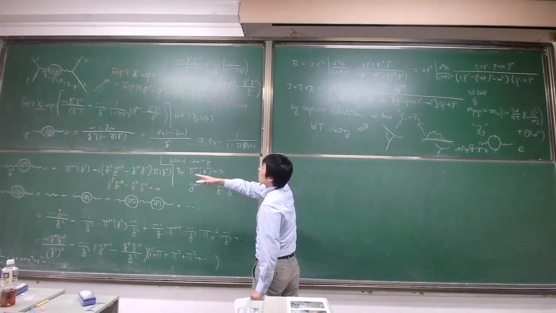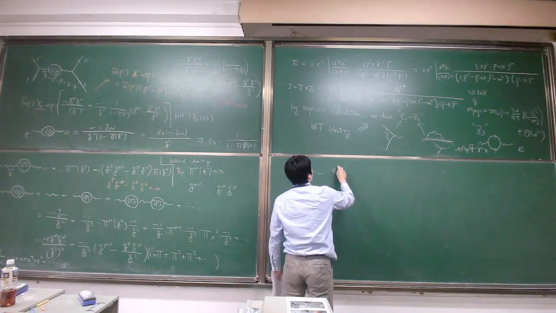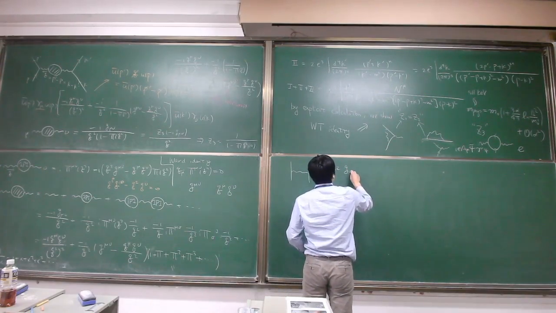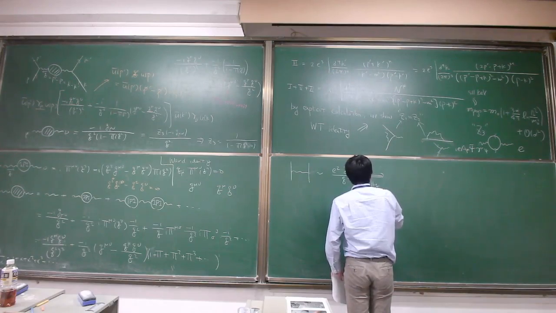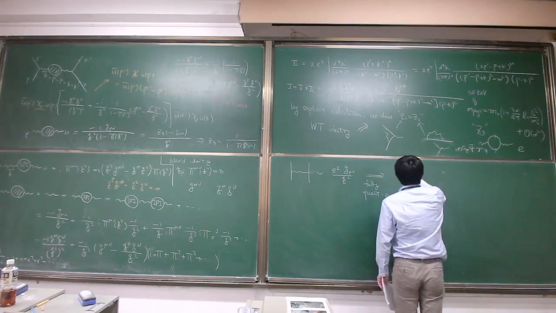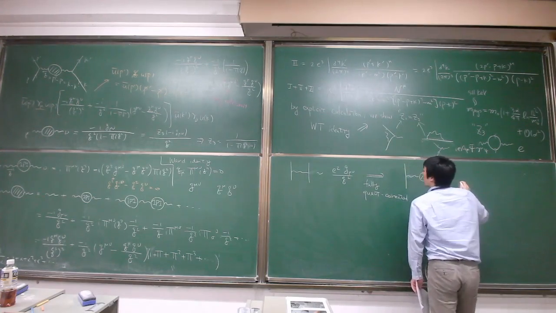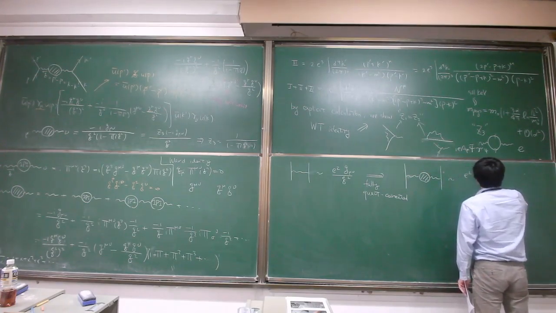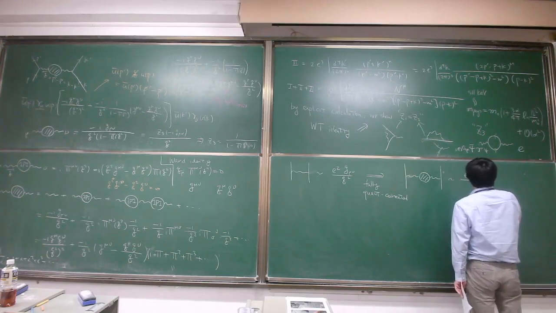So here, as I have written this way, this diagram is proportional to E squared, because this vertex will give you E, this vertex will give E, and then G mu nu over Q squared. And the fully quantum corrected diagram is the one I have written there, proportional to E squared G mu nu divided by Q squared.